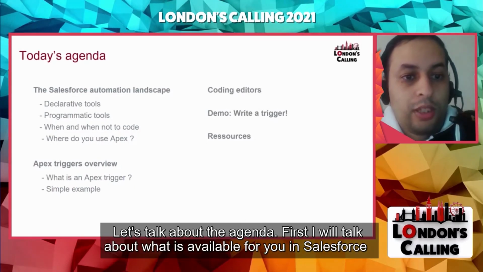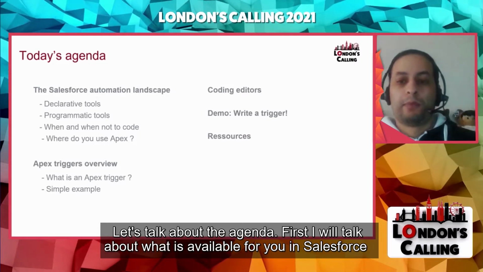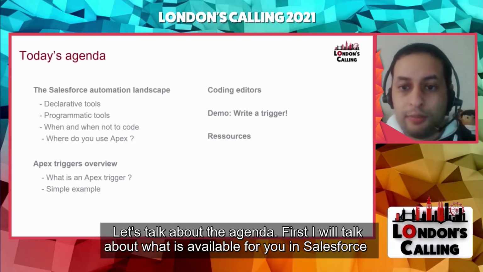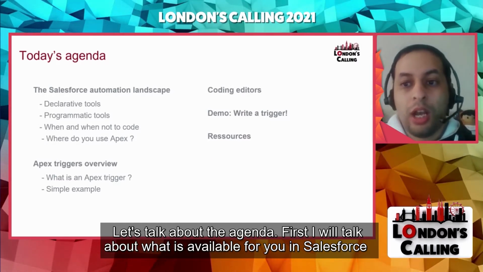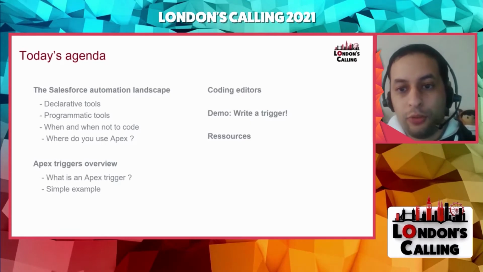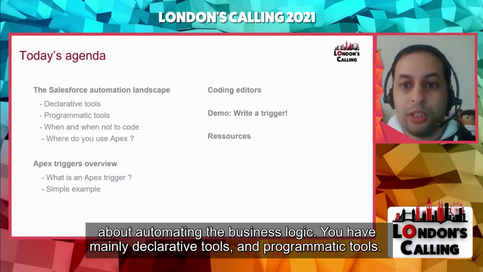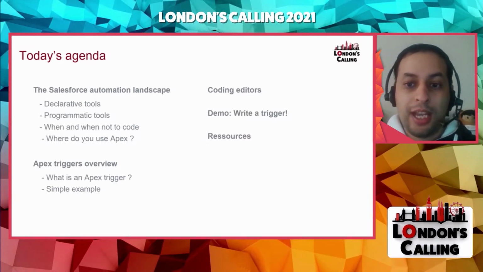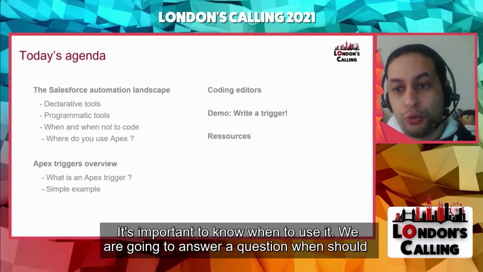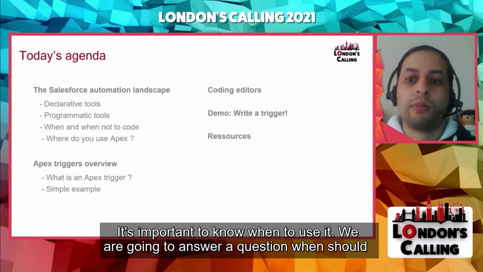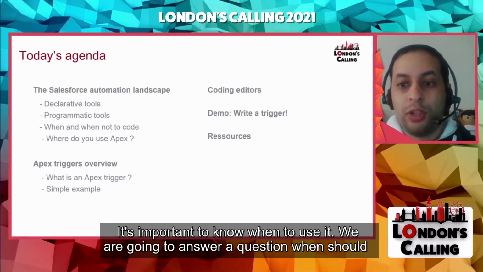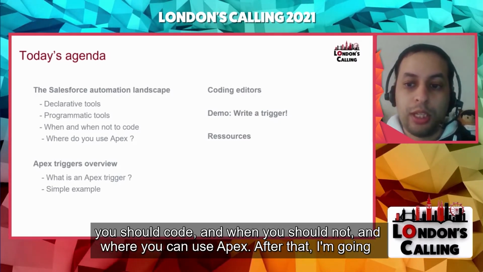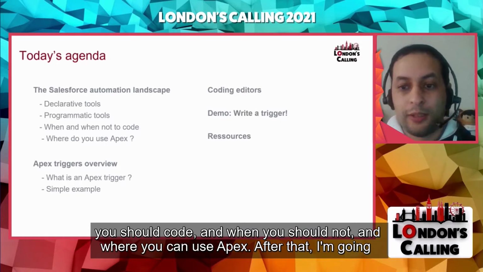Now let's talk about our agenda. Here is an overview of the topics we will cover during this session. First, I will teach you about all the tools available to you in Salesforce for automating business logic. You have many declarative and programmatic tools, and it's important for you to know when to use each. We are going to answer the question, when should you code and when should you not, and where you can use Apex.